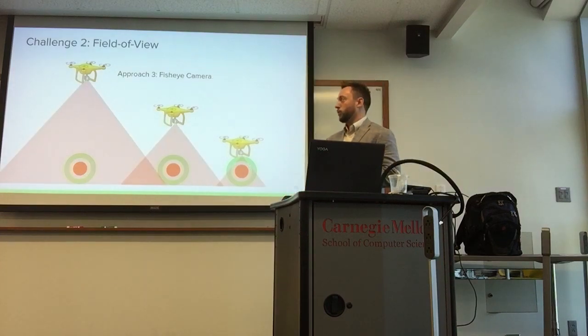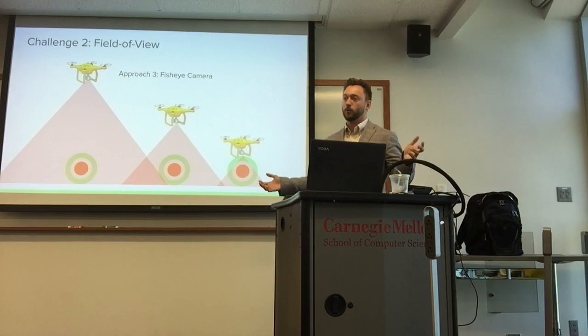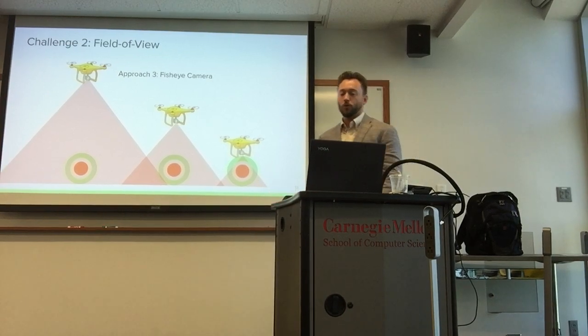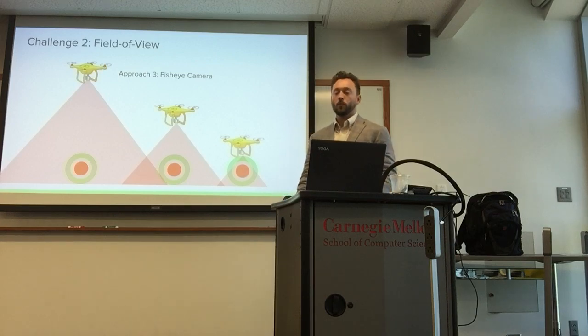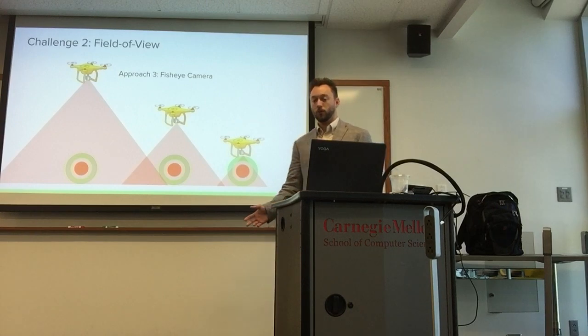There's one other approach we found that used a fisheye camera. Fisheye cameras tend to have very wide fields of view, upwards of 180 degrees or more, but they come at the cost of a high radial distortion. But this works out for seeing a large amount of the ground when you're close to it.